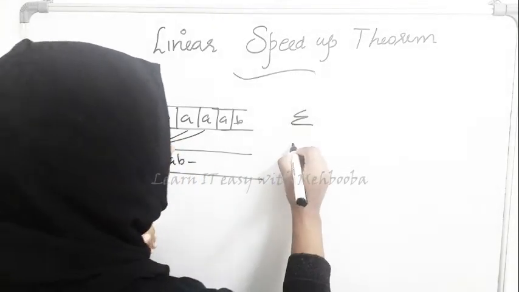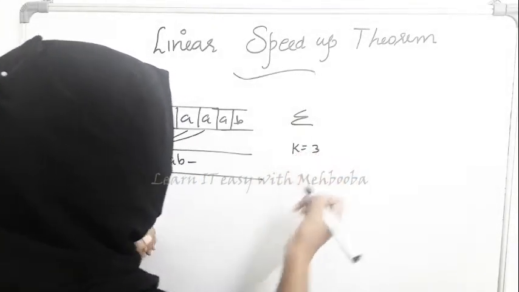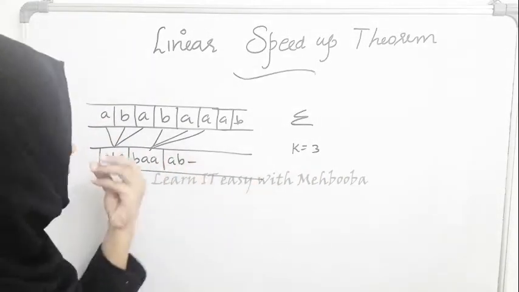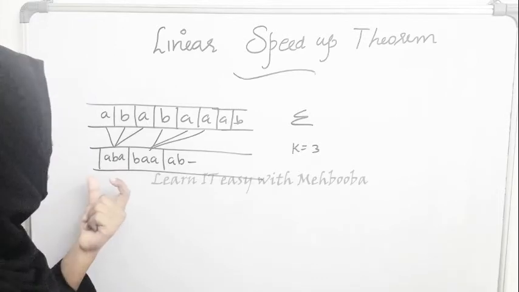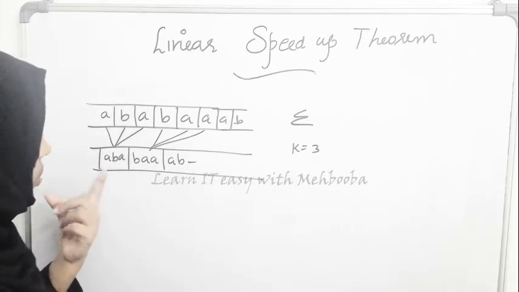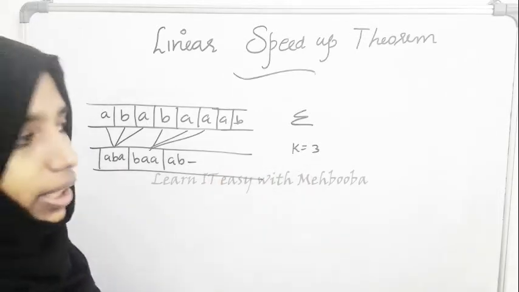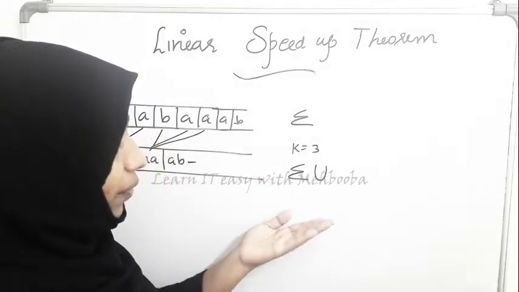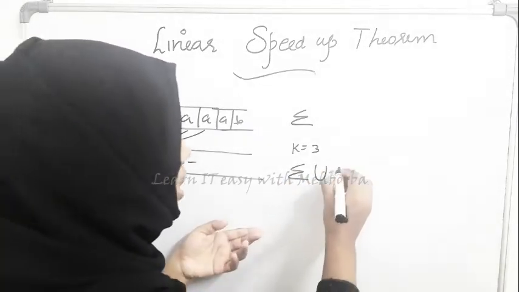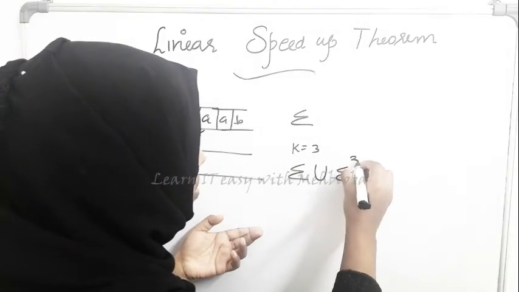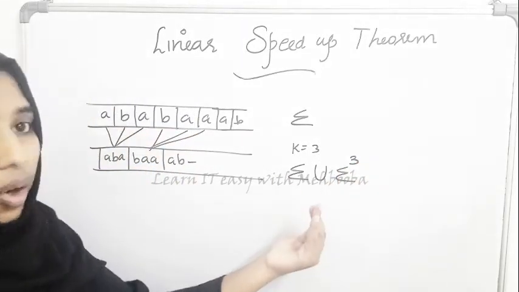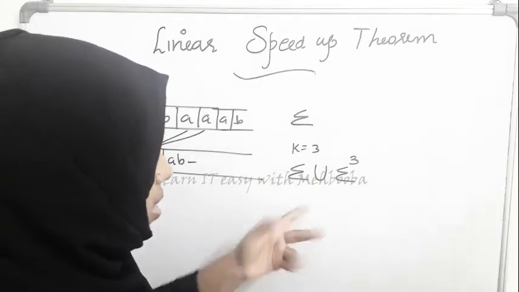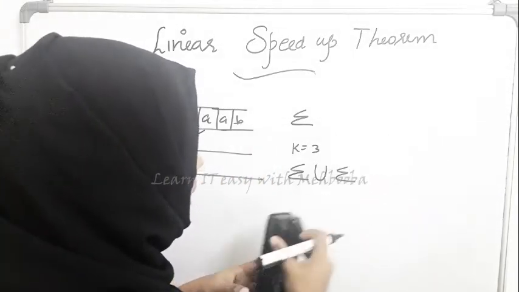So here we are taking the factor as 3, because 3 symbols have been condensed into a single symbol. Now the alphabet should be improved so that along with the usual alphabet sigma, it contains all the combinations of symbols of size 3, or k in general.